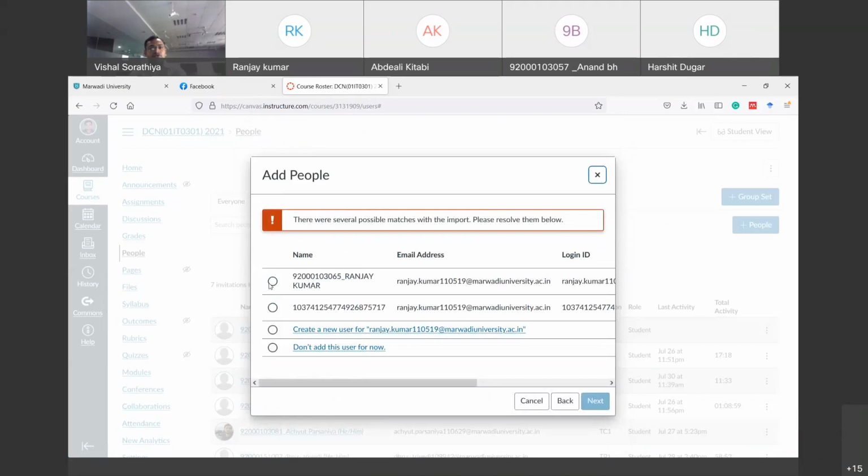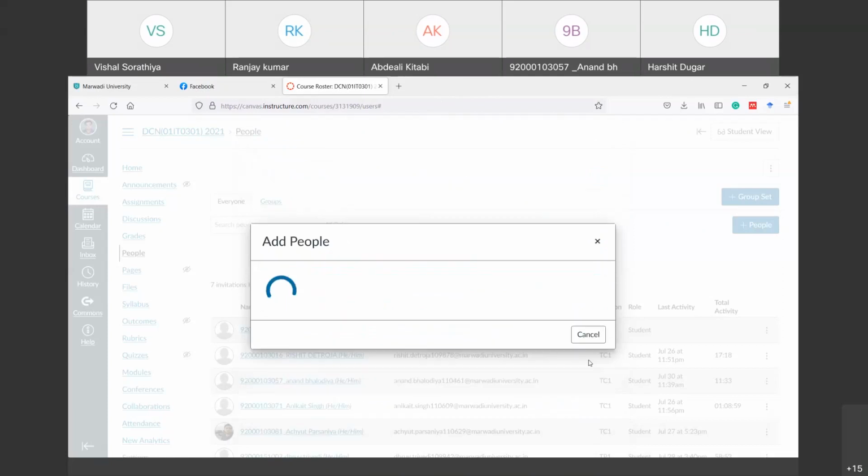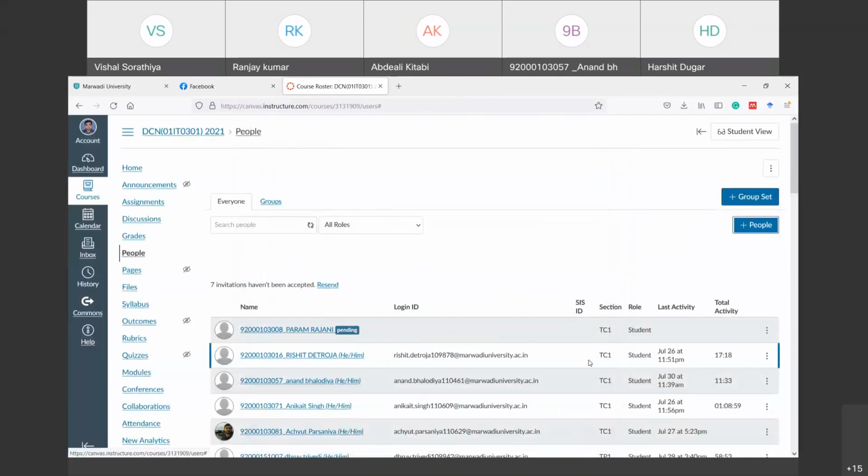Which ID am I supposed to use? Ranjay Kumar, this 92 or this 10? See your screen, which ID can I choose? The first one, sir. Okay, check your Canvas. I have sent you the invitation.